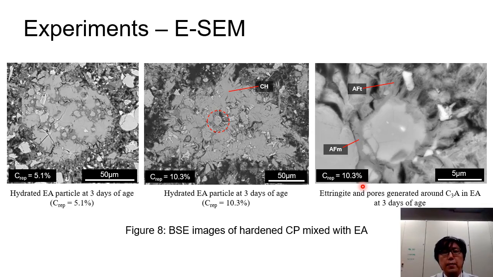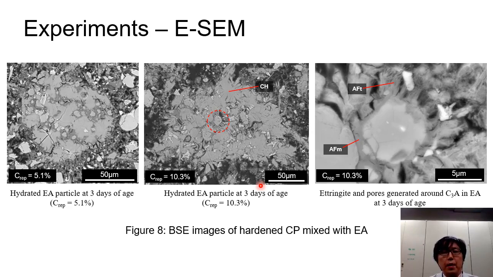From the result of the replacement ratio of 5.1%, ettringite was not generated inside the expansive additive, and only calcium hydroxide and monosulfate were generated. From the result of 10.3%, it was confirmed that monosulfate was present on the surface of C3A inside the expansive additive, and the ettringite was formed vertically from above.